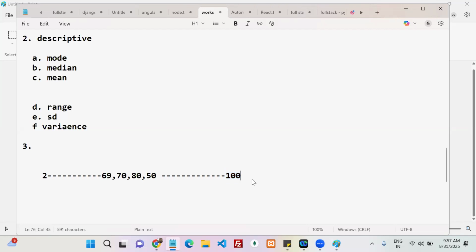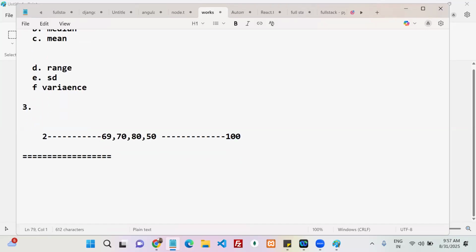The next one is variables: dependent variables and independent variables. Anyone knows? One is the dependent variable, another one is the independent variable.